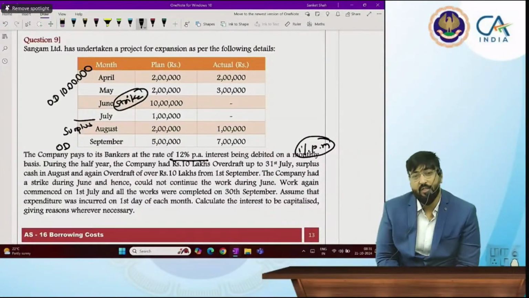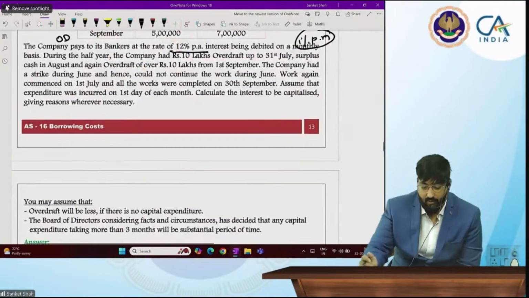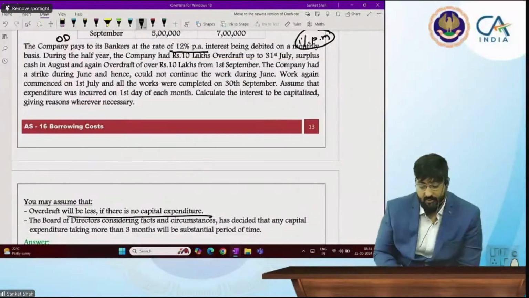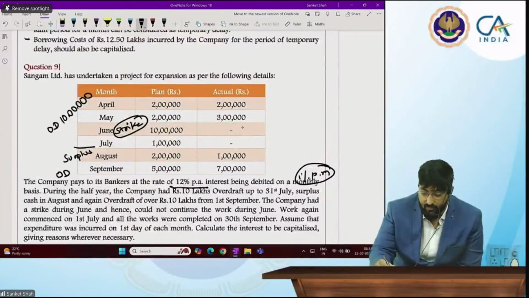You got the question? Overdraft will be less if there is no capital expenditure. If no expenditure, no OD. So whenever there is no expenditure, there is no interest.